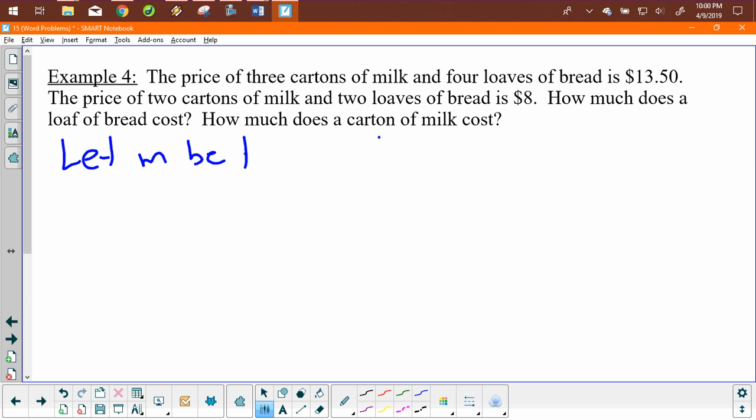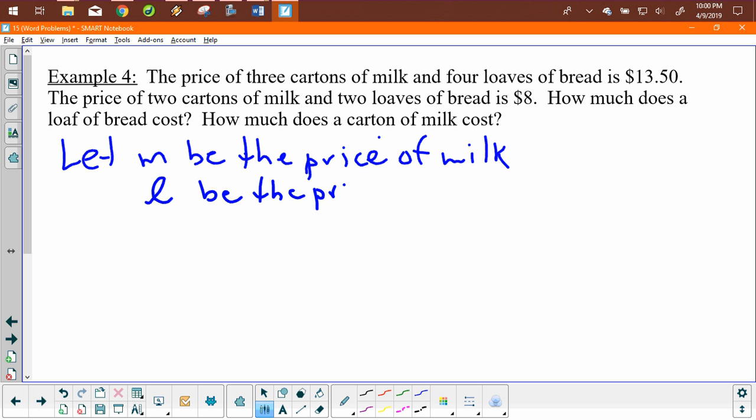So M be the price of milk, and B be the price of bread. I should use B, shouldn't I?